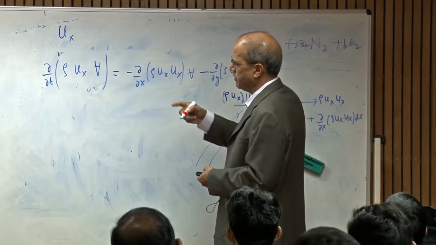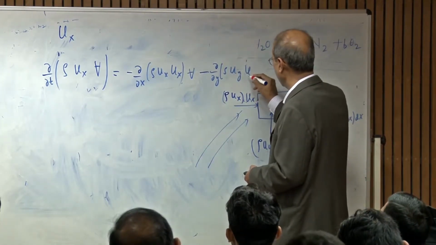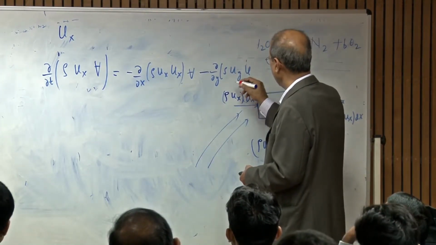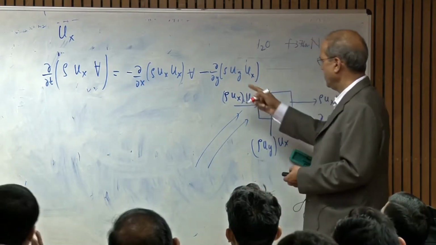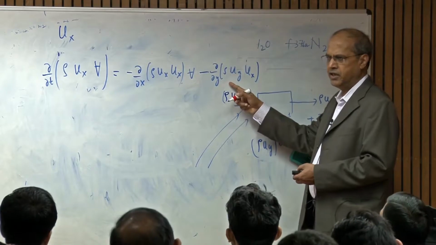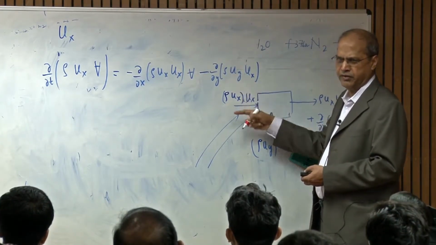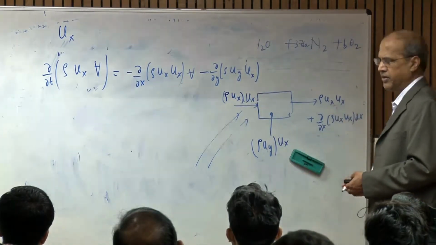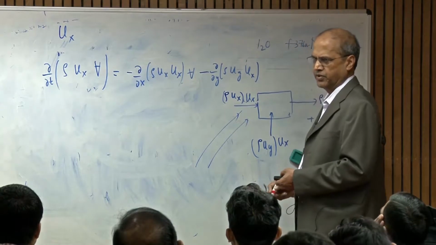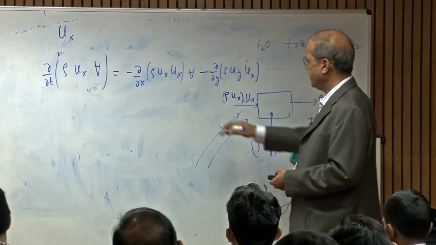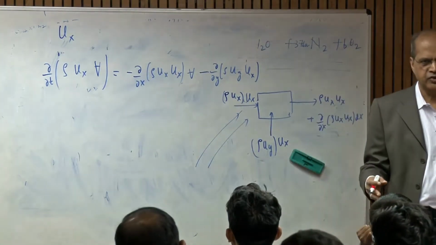I think here I am mainly using Vx Vy, that does not matter. We'll change it later on. So this is the net rate of change of ux momentum due to the flow in the y direction. And then of course you can add the z direction also, same way. So that is the rate of change of momentum due to convection, due to the flow.